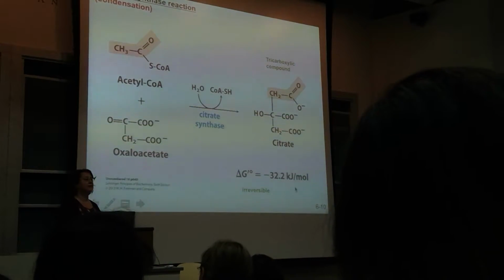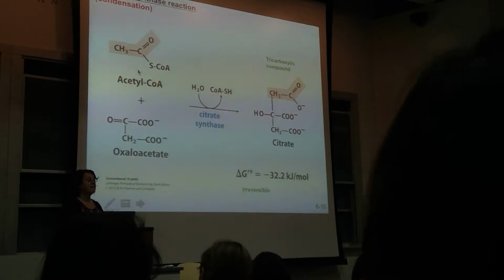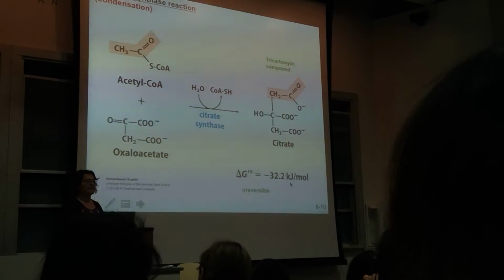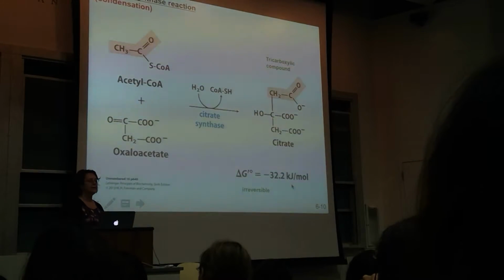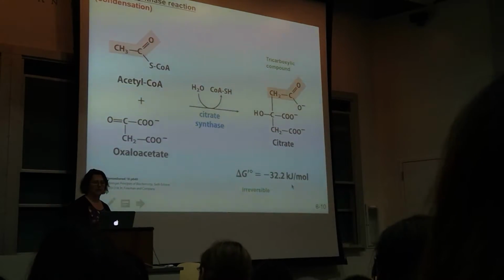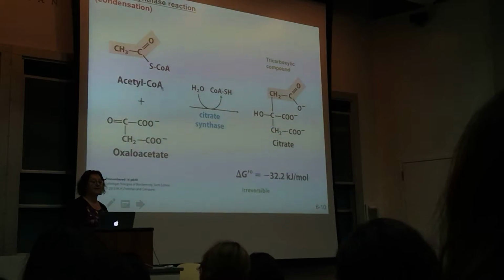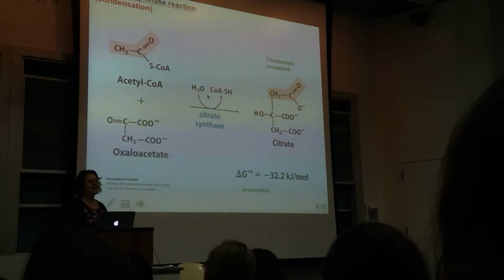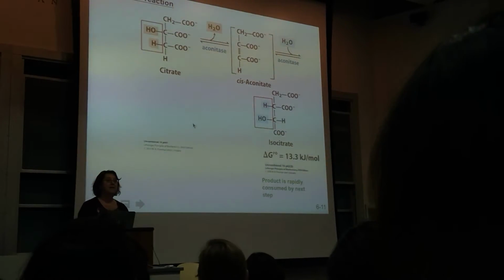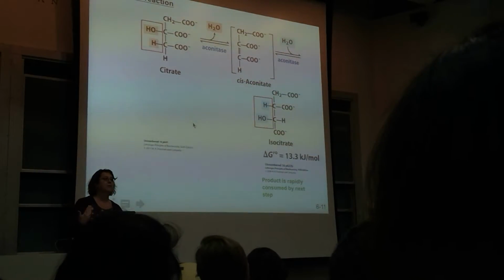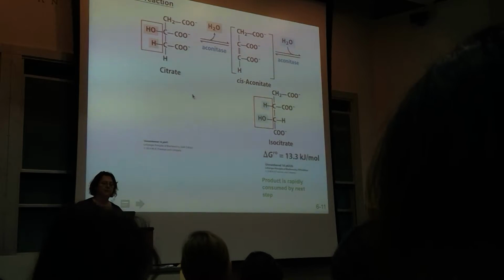You can see that the delta G is very negative, and that has to do with this hydrolysis. That's what's really giving you this really negative, irreversible delta G. So for these reactions, you'll need to know the substrate, the product, the enzyme, and cofactor, but not the mechanism.